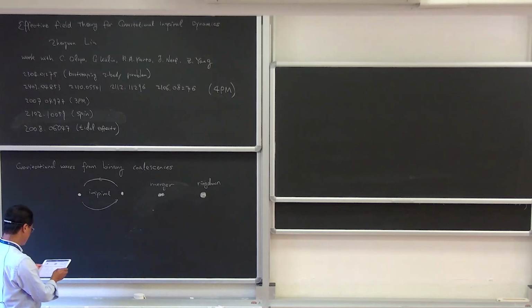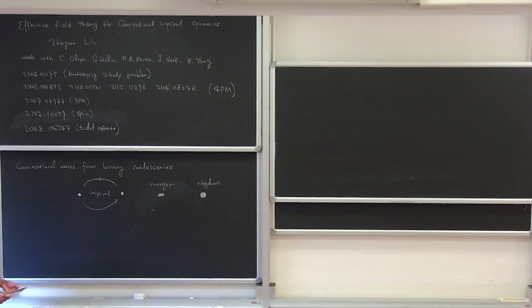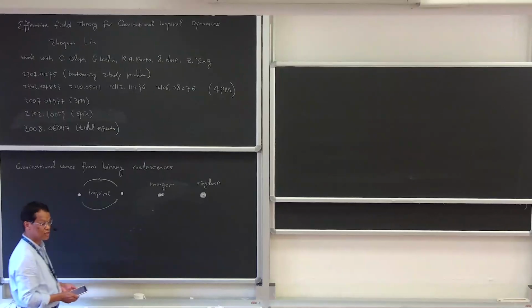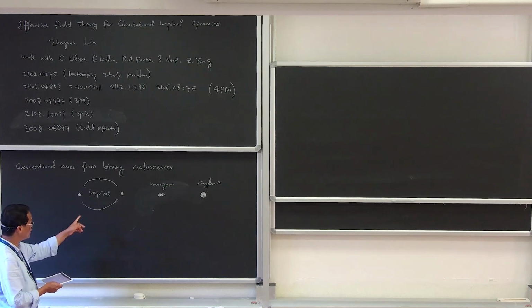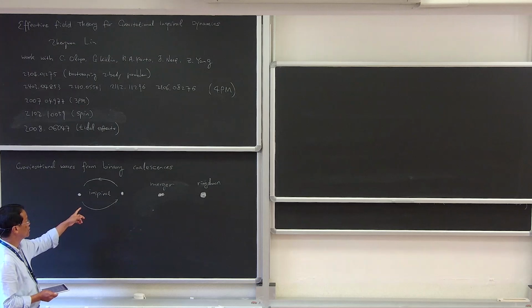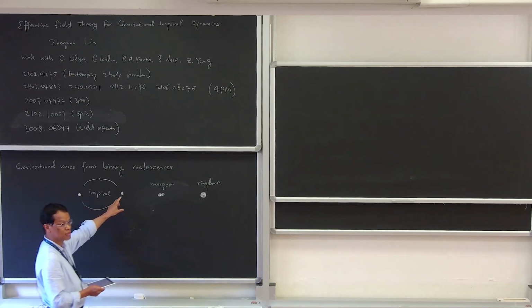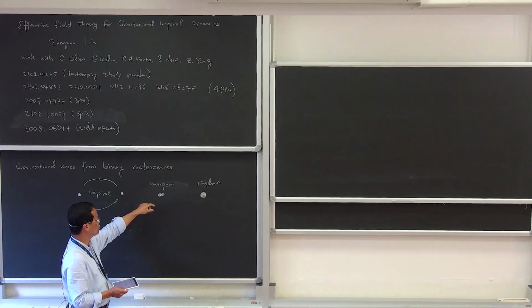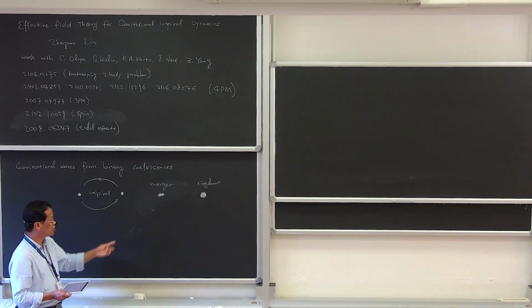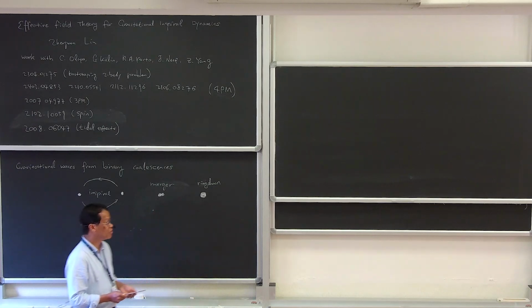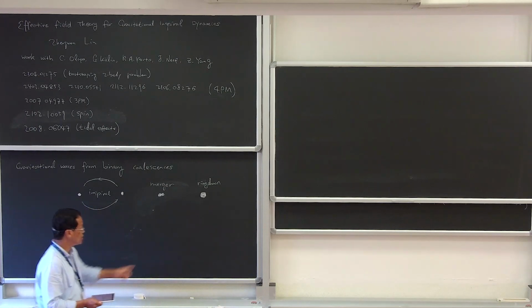Typically, the evolution of a binary system consists of three phases: inspiral, merge, and ringdown. In the inspiral phase, the two black holes or two neutron stars spiral around each other, lose energy, and the distance between them becomes smaller and smaller. Finally, they merge and collide, and after short oscillations, they form a stable single object. This is called ringdown.